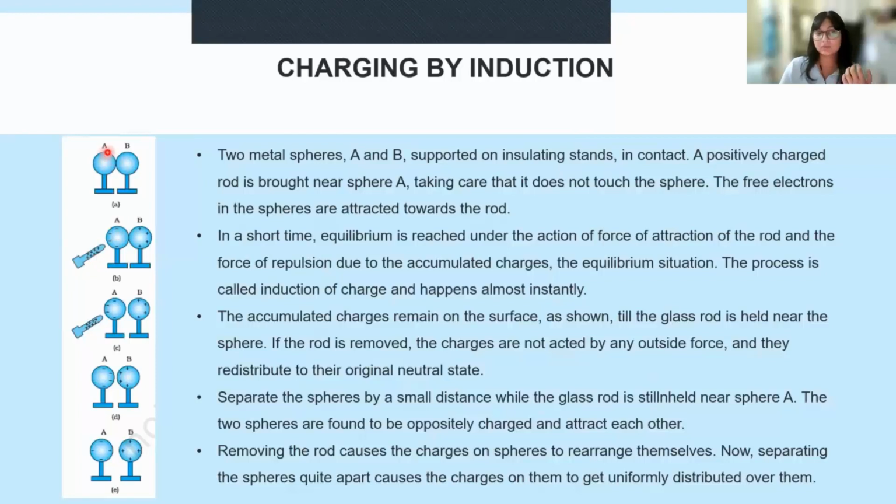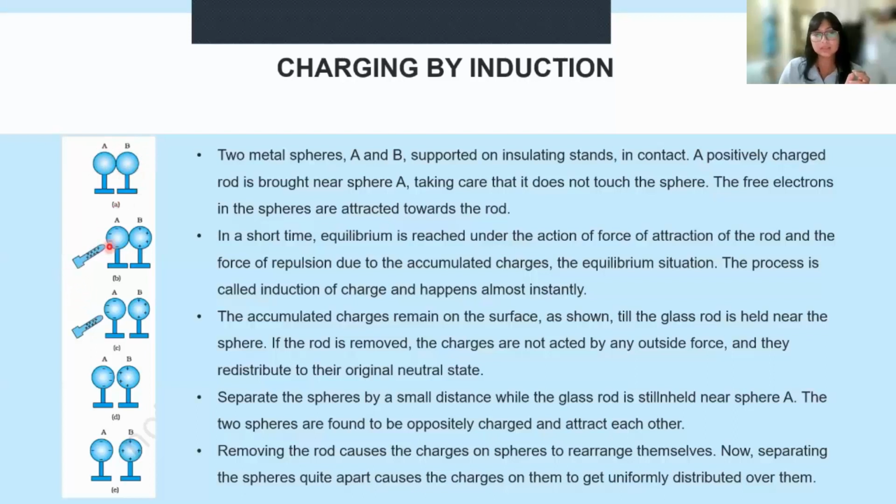As I said before, at first these two spheres have equal positive charges and negative charges on them. They cancel each other out and they are evenly distributed, all mixed, so there is no particular direction or area where they are concentrated.